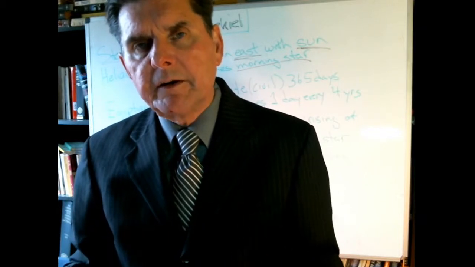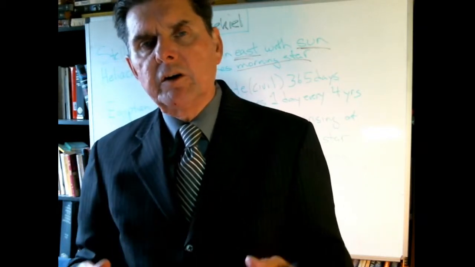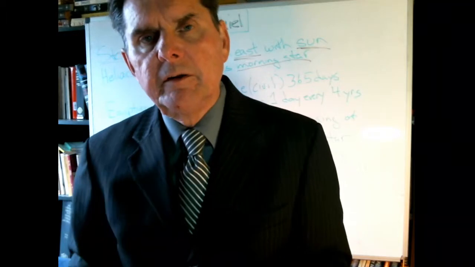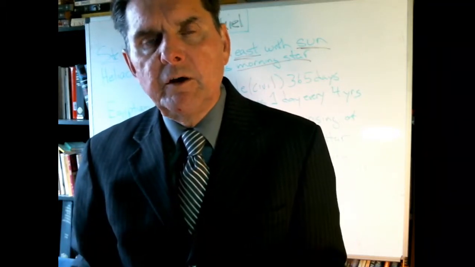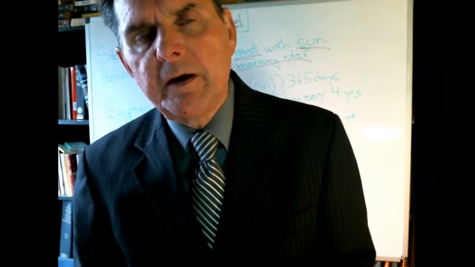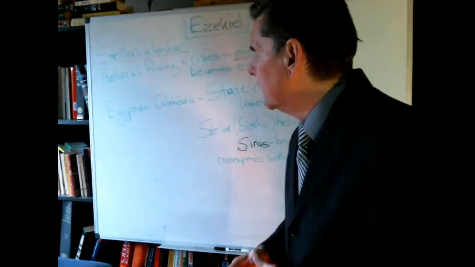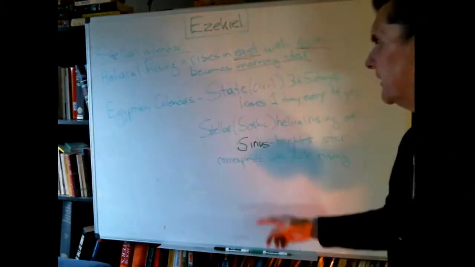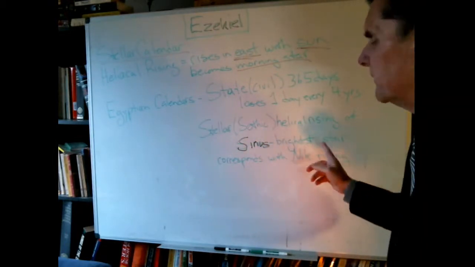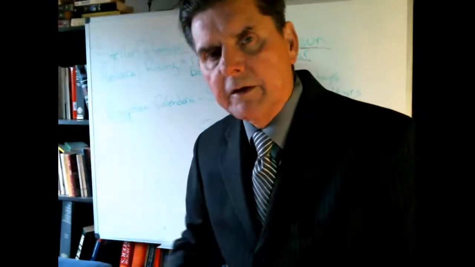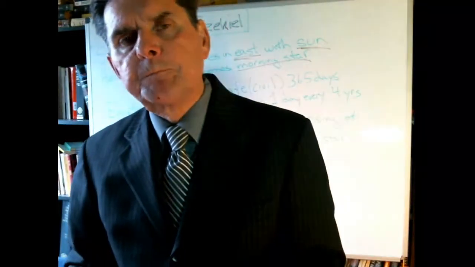So theoretically, any star could be used for this purpose. But in Egypt, very early on, they started taking note of the correspondence with the heliacal rising of Sirius, which is the brightest star in the sky, but it's quite a southern star.